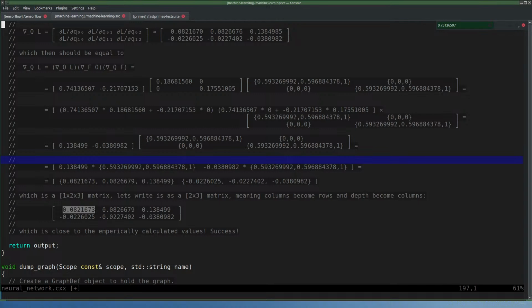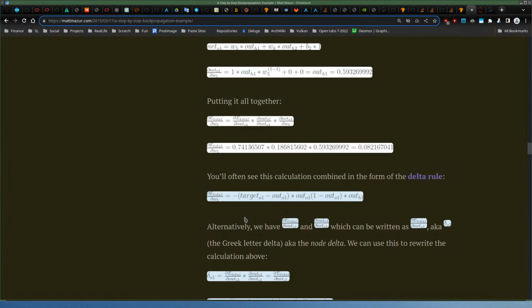Why would that be? Can we track back the intermediate values as well?